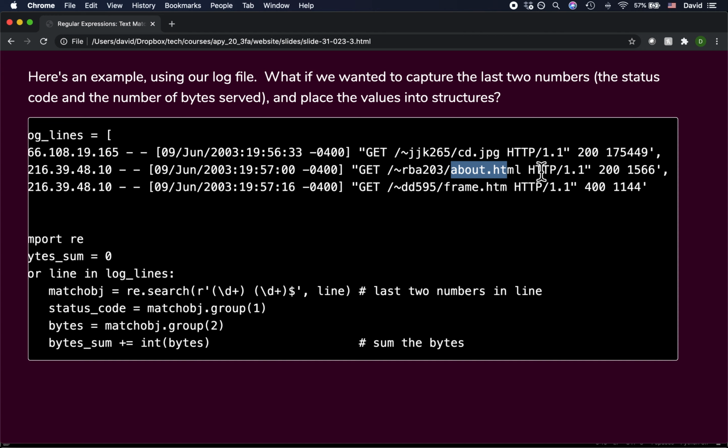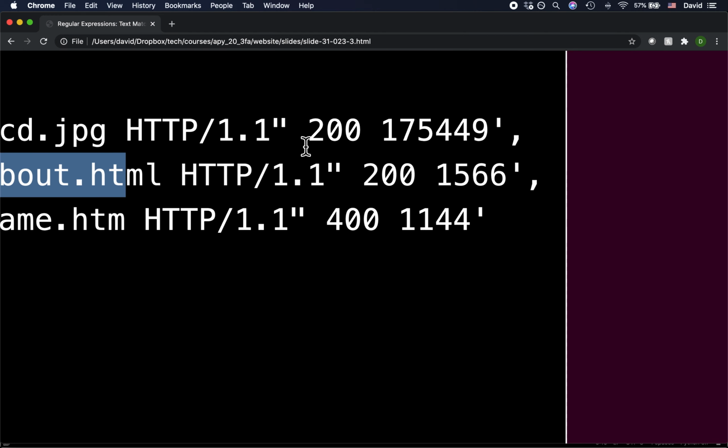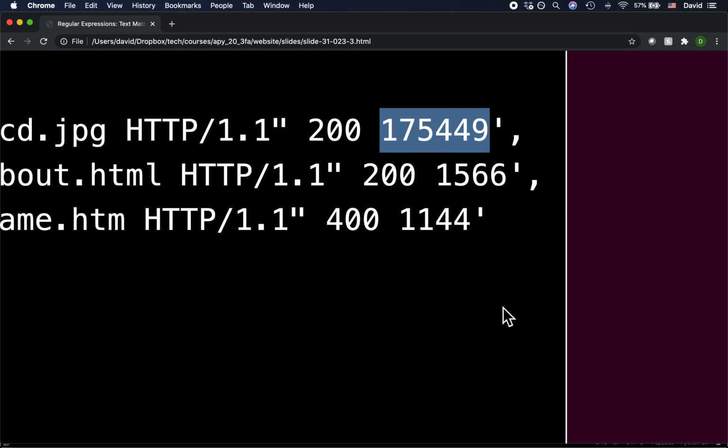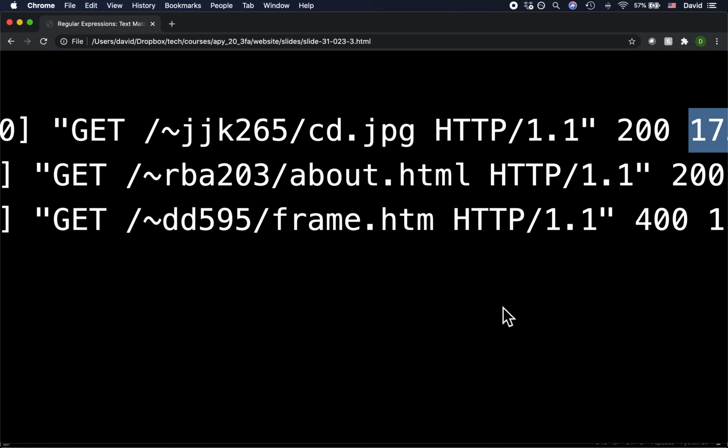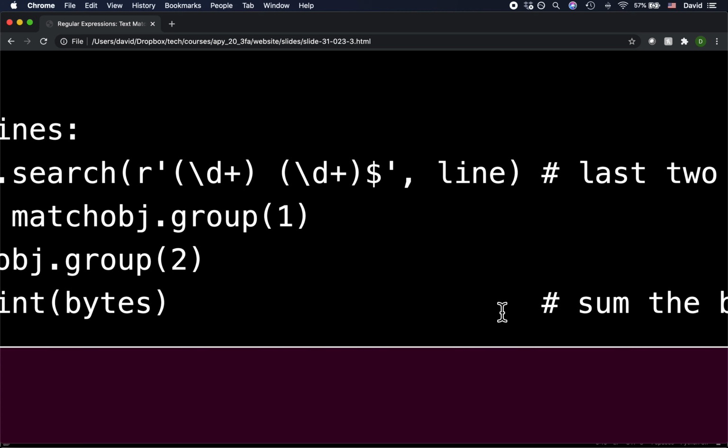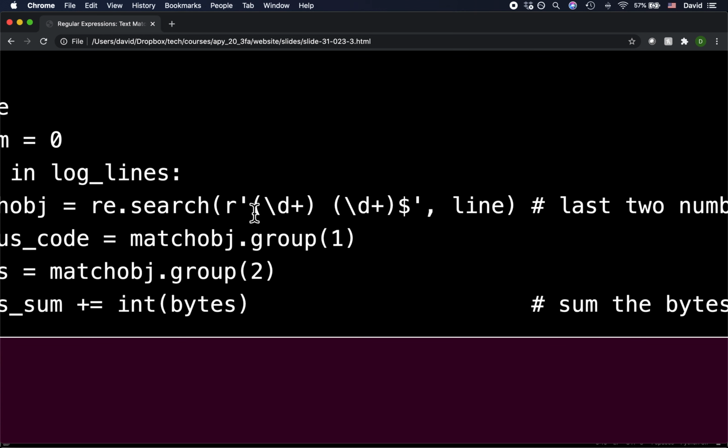Okay, our goal will be to try to extract the status code and the number of bytes from the web server log. And how can we do that? Well, we can construct a good regular expression, saying I'm looking for one or more digits, followed by a space, followed by one or more digits, and at the end.